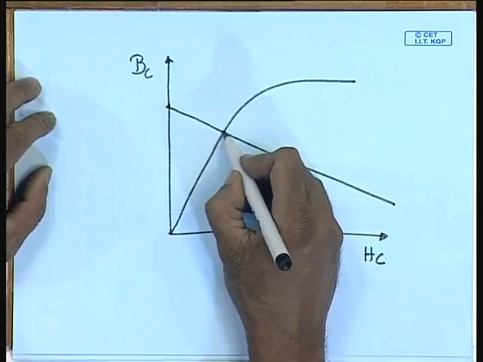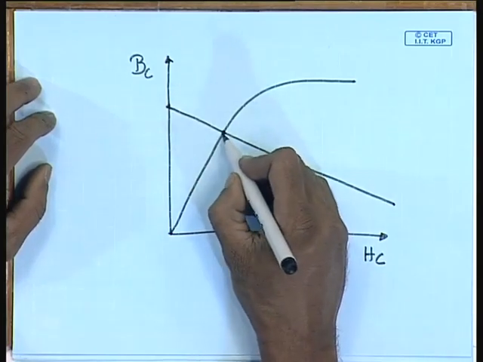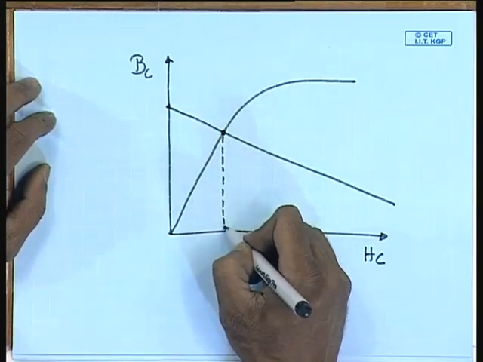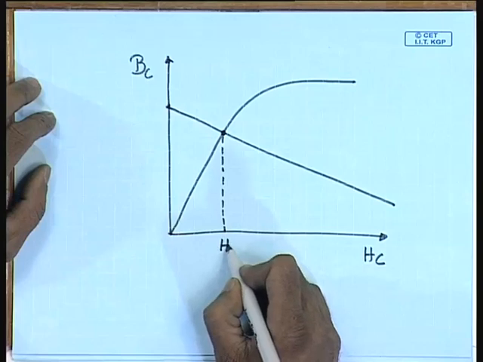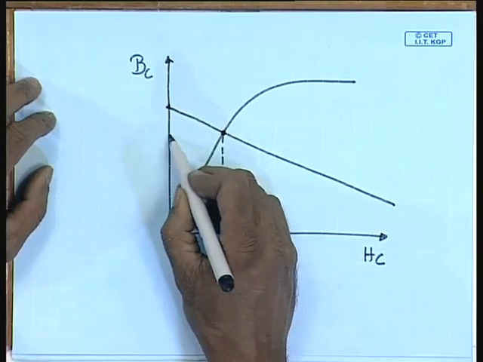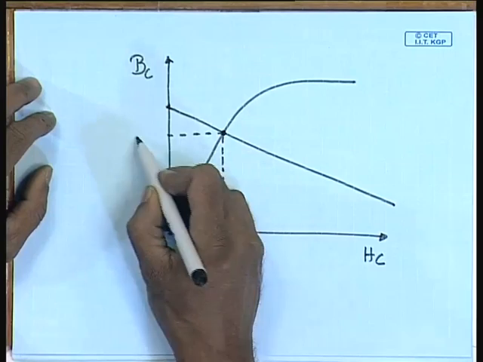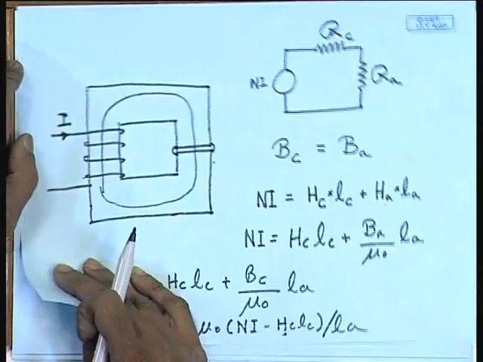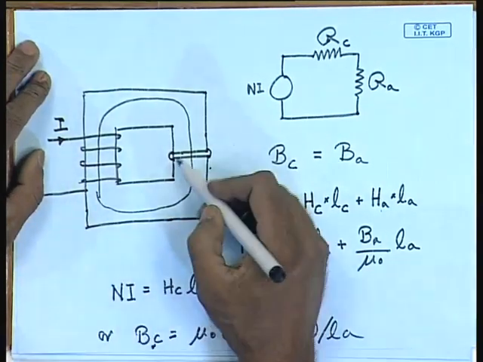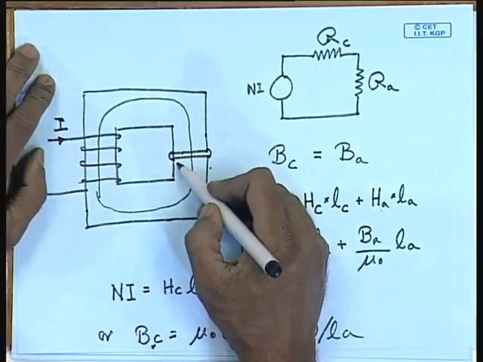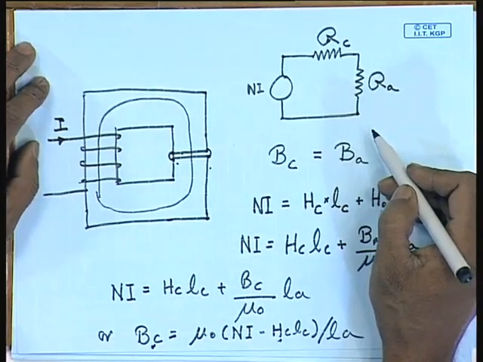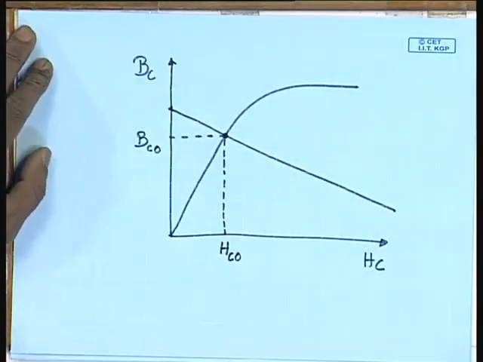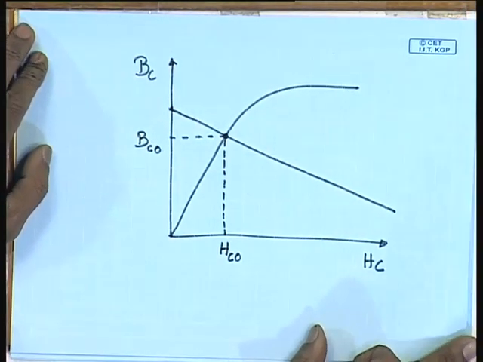The intersection of these two curves will give you the operating point Hc0 and Bc0. So, we see, although solution of a magnetic circuit like this is somewhat more involved than solving an equivalent electrical circuit, it can still be handled in a graphical manner, and this approach is used.